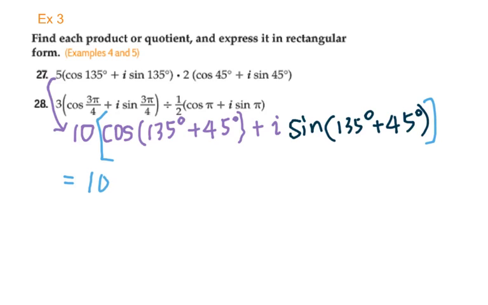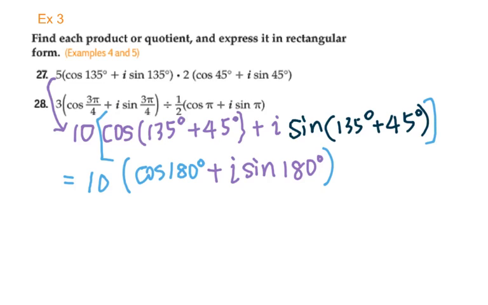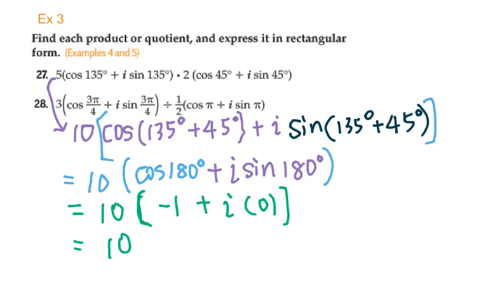So we get 10, and for cosine, we got 180 degrees, then plus i sine 180 degrees. So we work this out. You will get 10 times -1 plus i times 0. So our final answer will be -10.